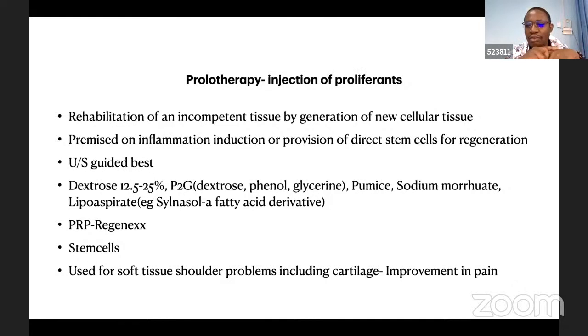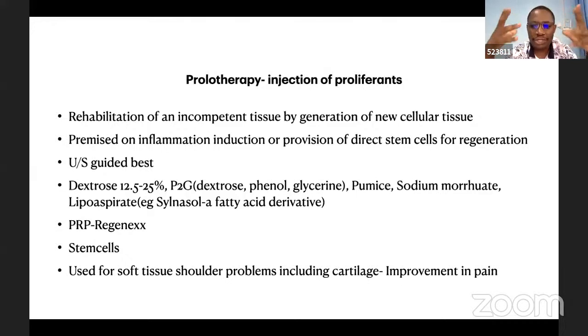Because painful acromioclavicular disease, painful sternoclavicular disease, painful muscle tears, impingement around the acromion, tears of the labrum may not necessarily be arthritic and they may not necessarily require joint replacements. It is when you have severe damage of the cartilage lining of both bones that we usually should think about replacement. So there is so much pathology around the shoulder that can be remedied by some of these injections.